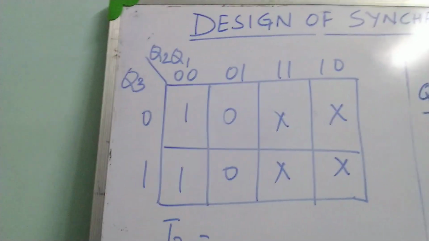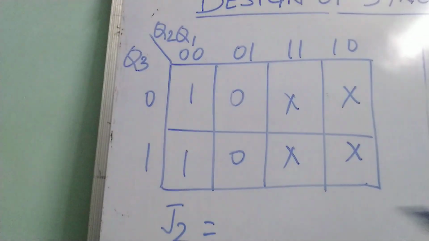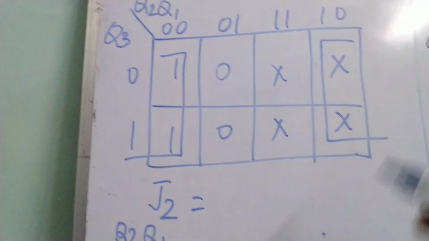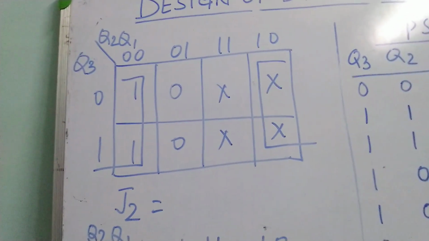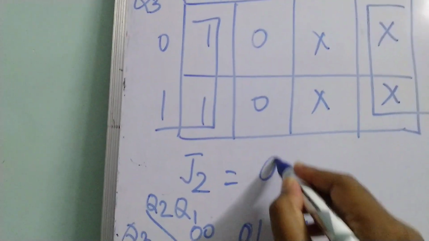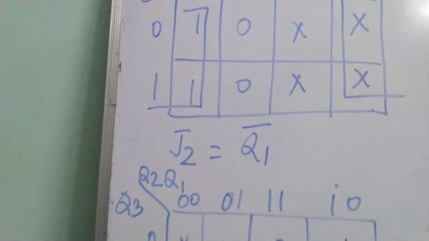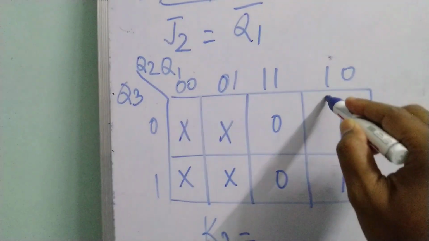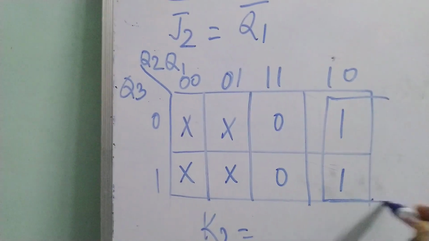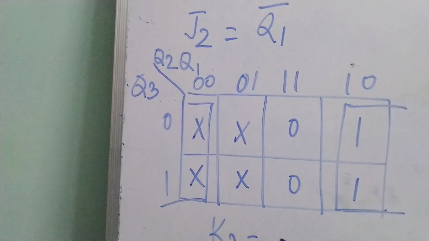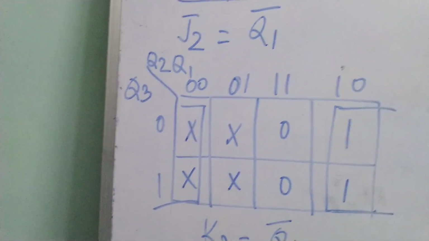For J2, we put the values from the J2 column, then this and this make a quad. So we may write J2 is equal to, the common is Q1 bar, so here it is Q1 bar. Similarly, for K2, we can obtain a quad from this one, so here also it is Q1 bar.